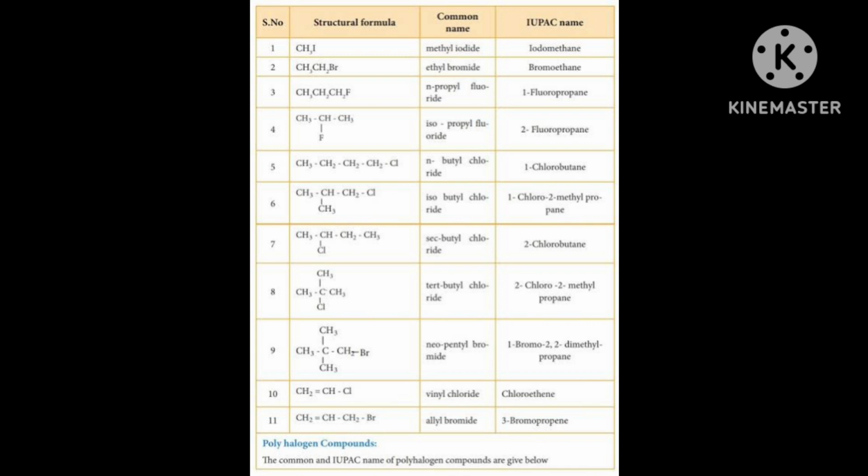Then 1-chloro, 2-methyl, and now you write benzene, because both are attached with benzene: 1-chloro-2-methylbenzene. The other name you can also tell is 2-chlorotoluene. 2-chlorotoluene means you are using a numeral.